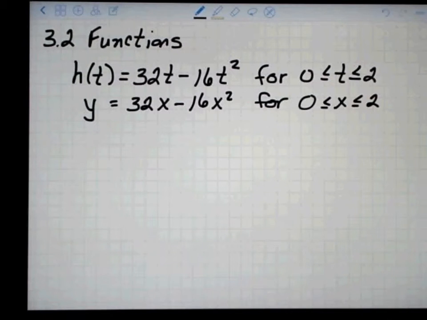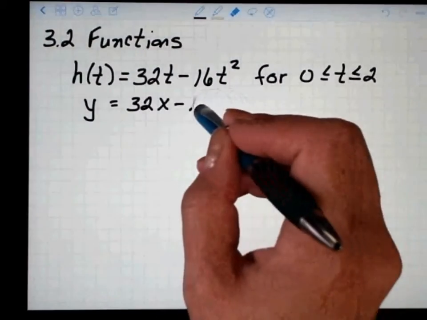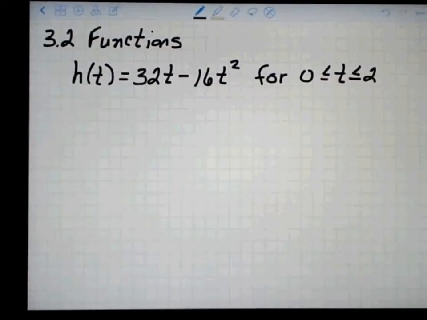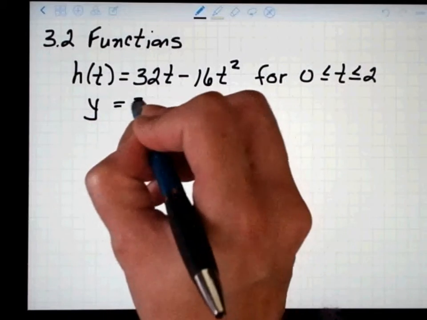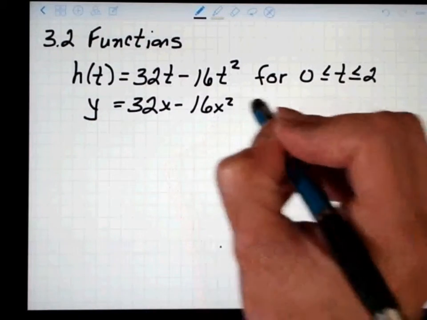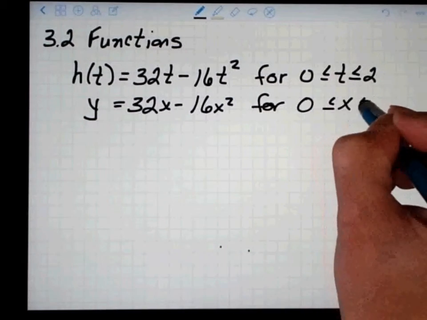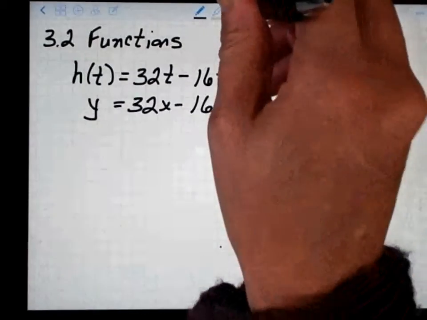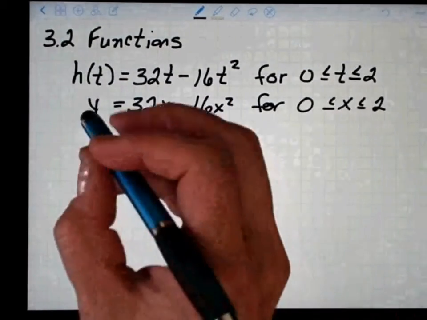So why do we use function notation? Well, we use function notation because it's just a shorthand way of writing stuff, and that'll come clear in just a second. When we're using the y equals form, suppose we want to know how high the ball is at 1 second.